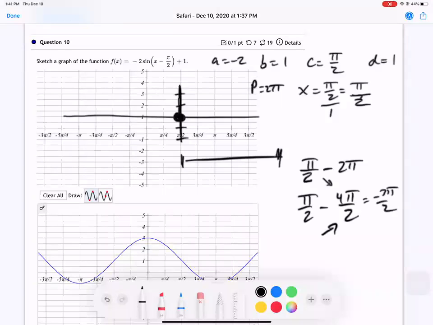Now, if you look here, negative 3 pi over 2 is way over here. So this graph has to look something like this. This being a sine graph, I would put a dot here. And then I'll do my quarter mark at negative pi.